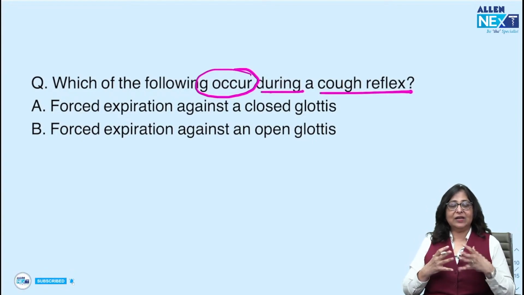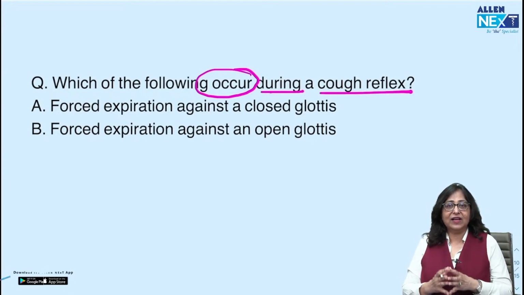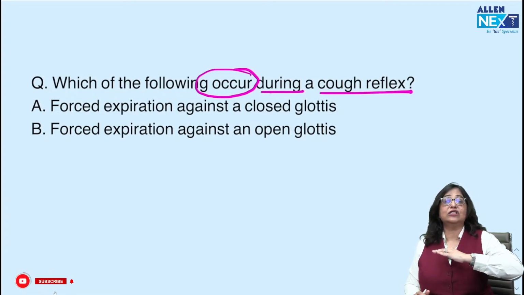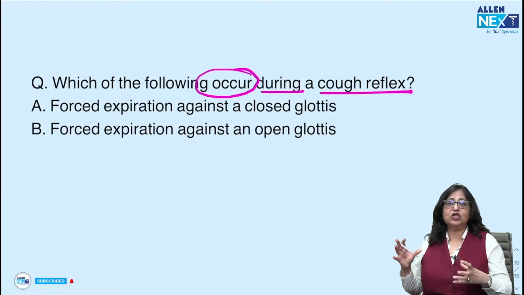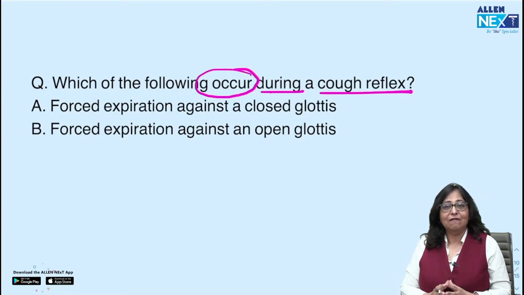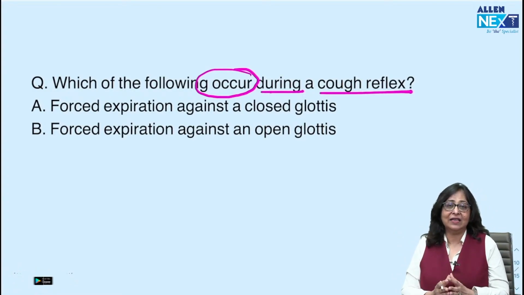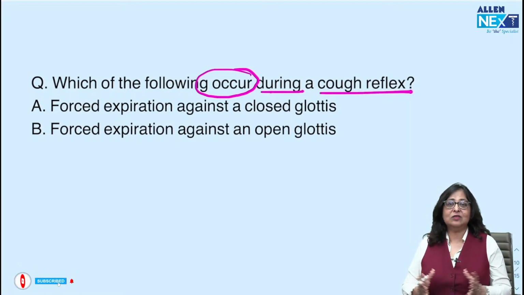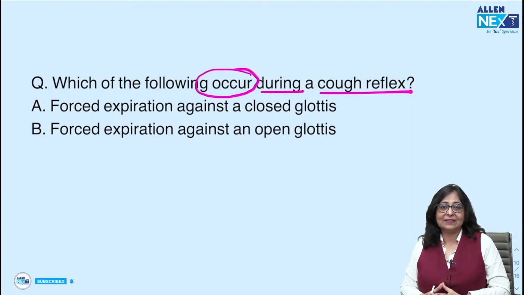Then suddenly the glottis opens, and air is pushed out of the lungs at a very fast rate, which helps to clear the airways. So this is what happens in a cough reflex.